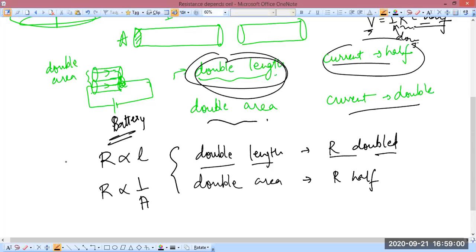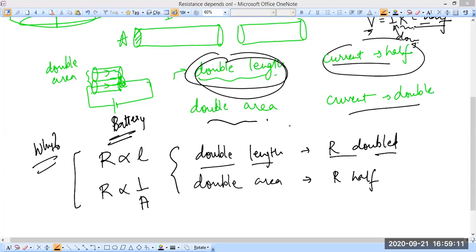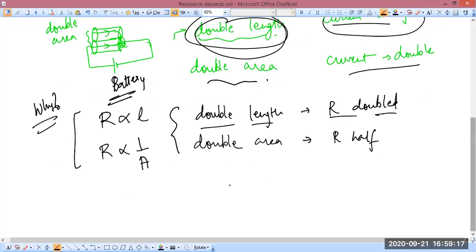There are ways to explain why. If anything is empirical, we must always ask the question: why is it like this? Why has nature made it like this? Suppose I don't like R proportional to L, and I want nature to have R proportional to L cube.